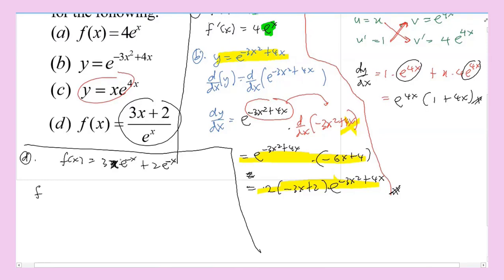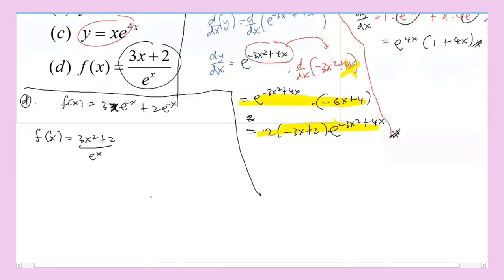The quotient rule is all product rule. We use (3x squared plus 2) over e power x.